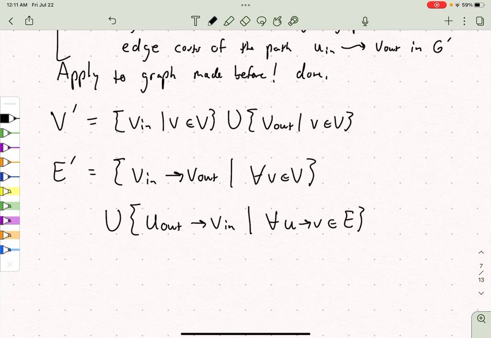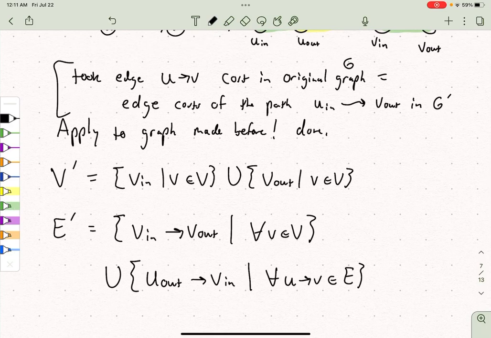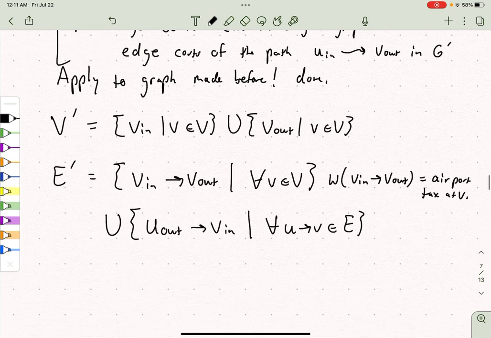And what will the weights be? So for this case, the weight of v in to v out is the airport tax at v. So remember, v is an airport, so that's just its tax.